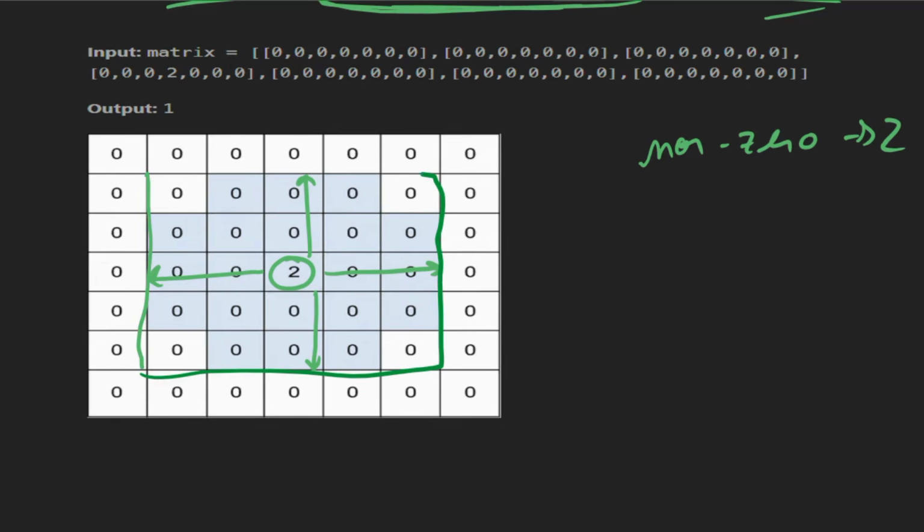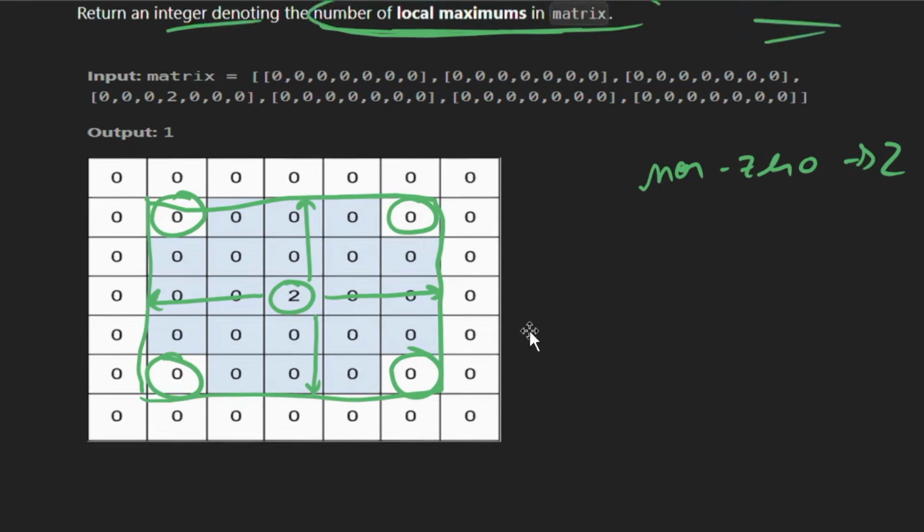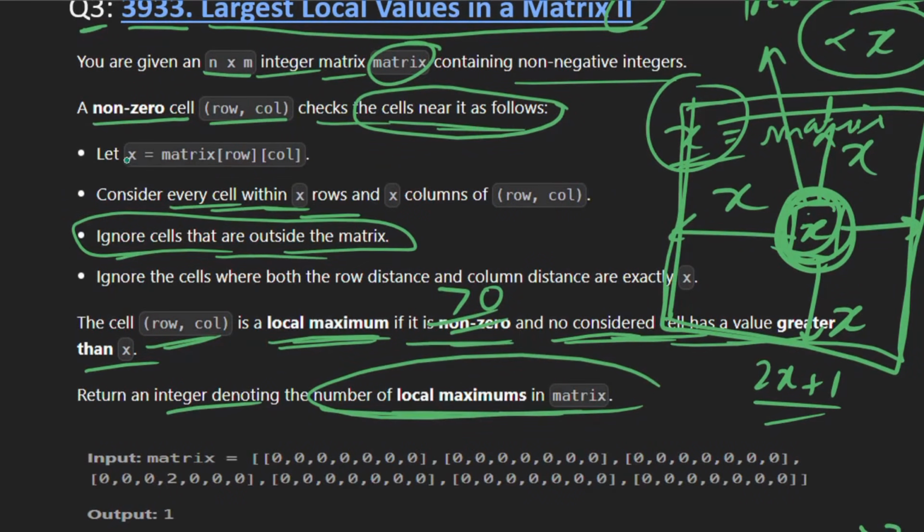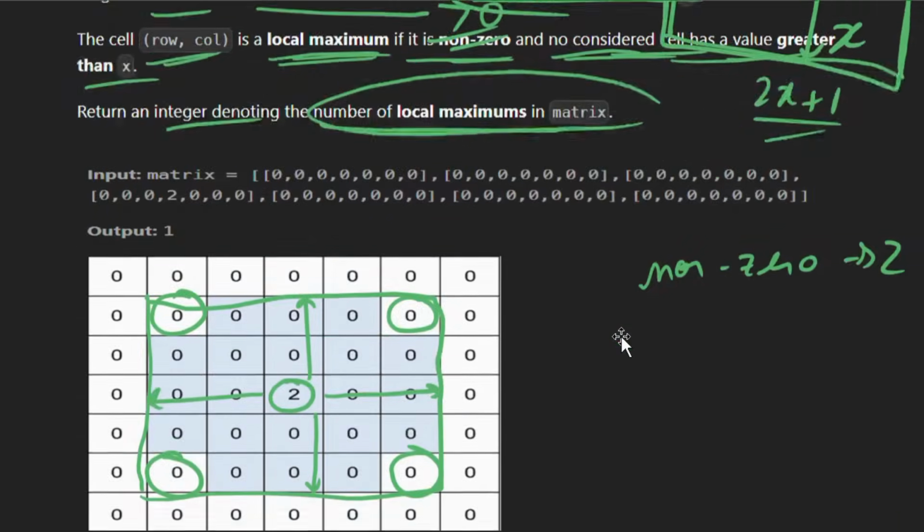So it will see all the cells in this square, ignoring the corner cells, ignoring the cells where the distance is 2. If you see here, ignore the cells where both the row distance and column distance are exactly equal to x, that means the corner cells.